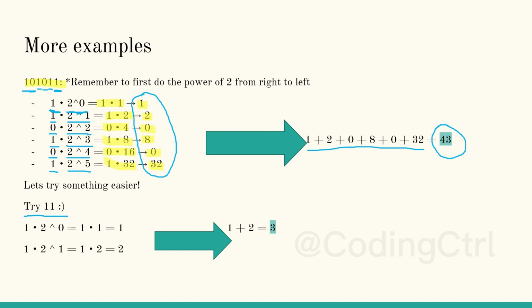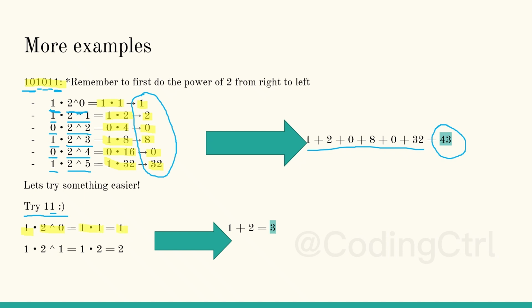From right to left, it's 1, so we'll have 1 times 2 to the power of 0, since the first number is always in position 0. As mentioned, 2 to the power of 0 equals 1, so now you'll have 1 times 1 equals 1.